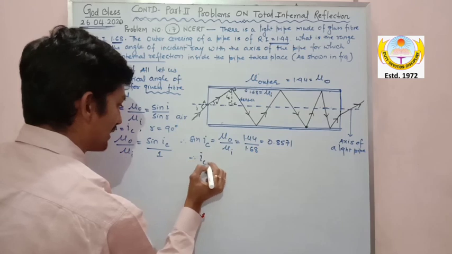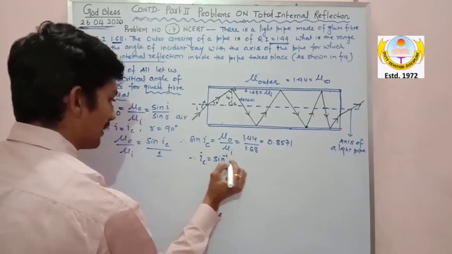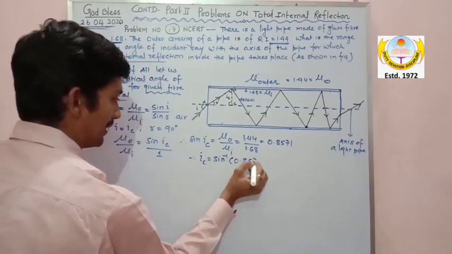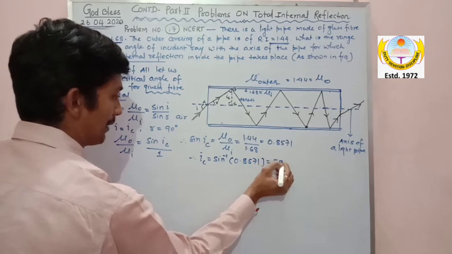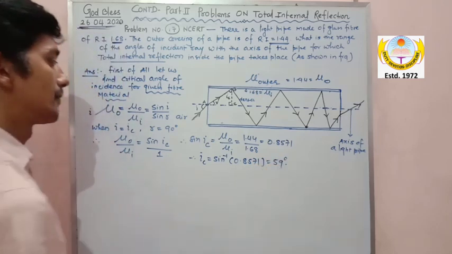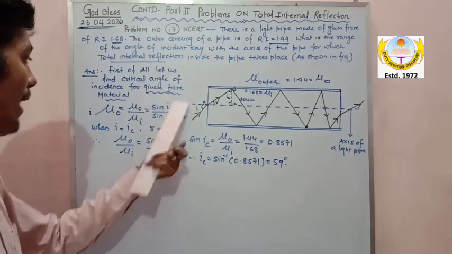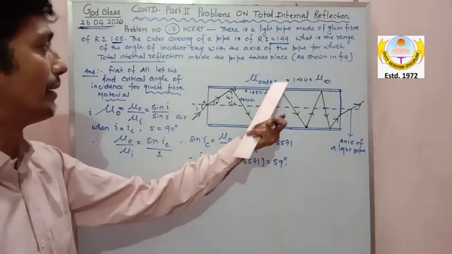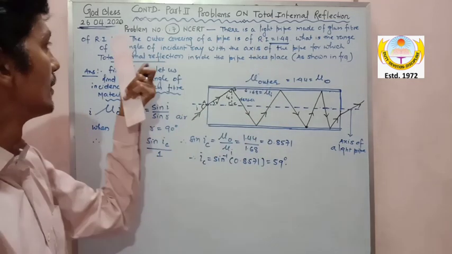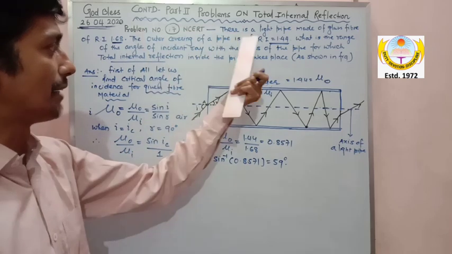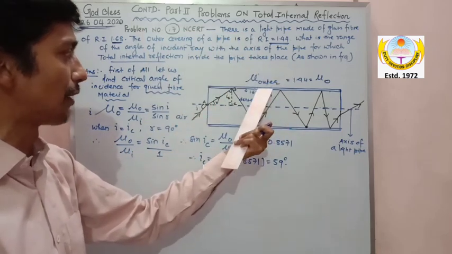Therefore IC is equal to sin inverse of 0.8571, and this will give me, my dear, 59 degrees. So I calculated the IC for the fiber material with these two refractive indices. Please take care, these two refractive indices are for outer and inner.